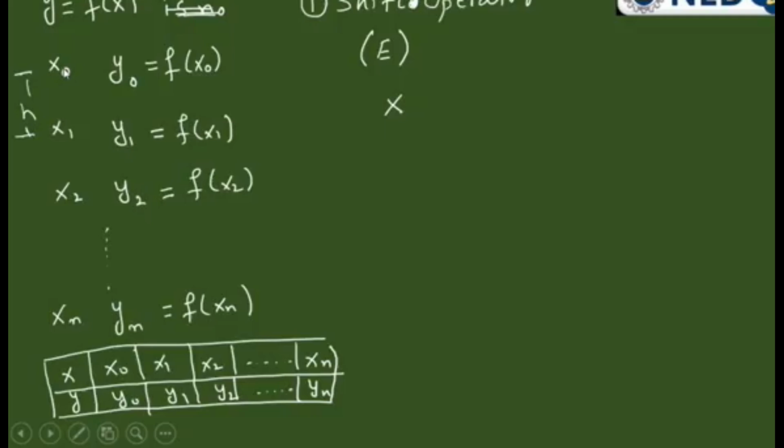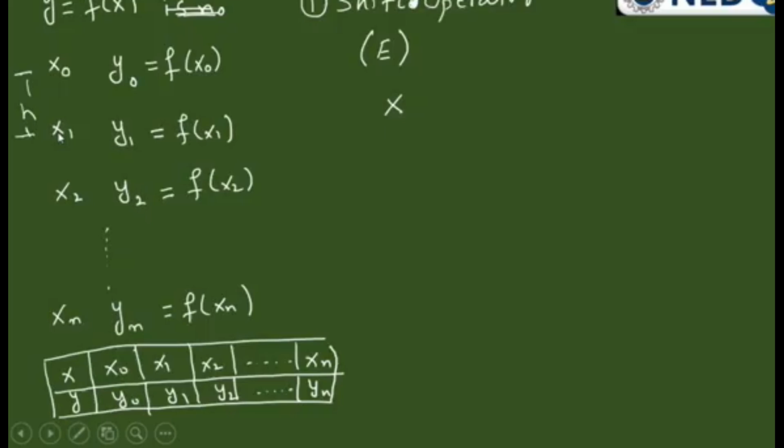Because I already told you that all the points are at a distance of h from each other. So in other words, x1 is situated at a distance of h from x0. If I add x0 plus h, I will get there. Similarly, if I add x1 plus h, I will get to x2. If I add x2 plus h, I will get to x3, and so on.